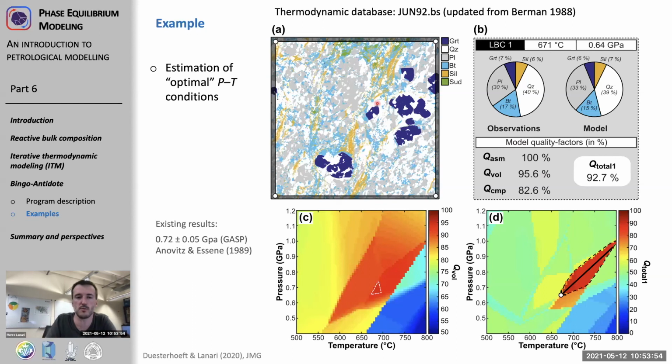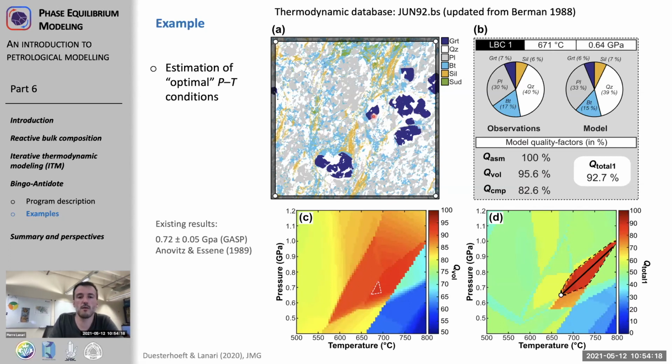Or statistically, you will have a few pixels with this phase composition, but very few on the overall map. So yes, it is a problem because you might skip a phase, but that is very, very small. In this case, the contribution to the local bulk composition will also be very small.